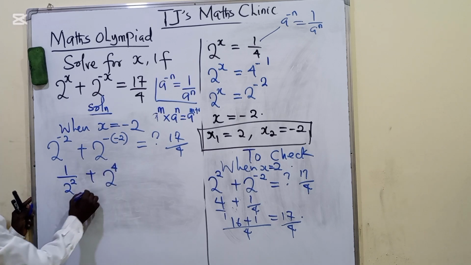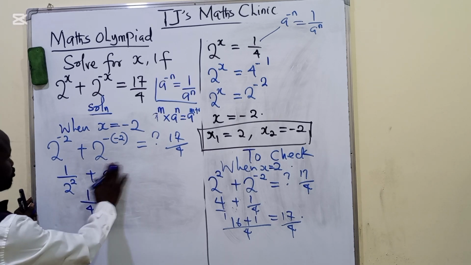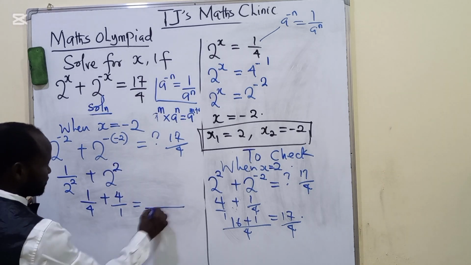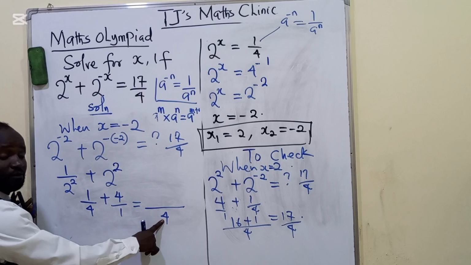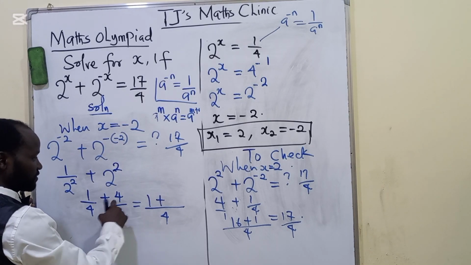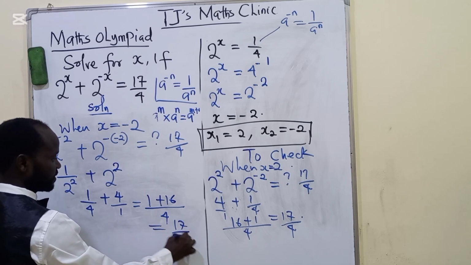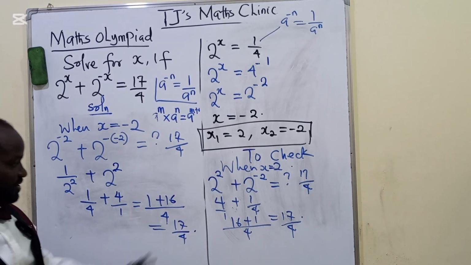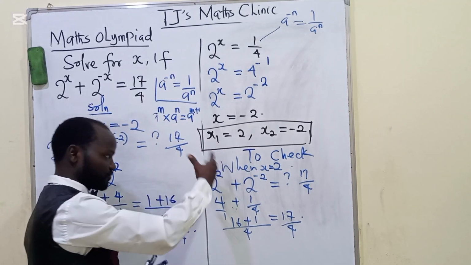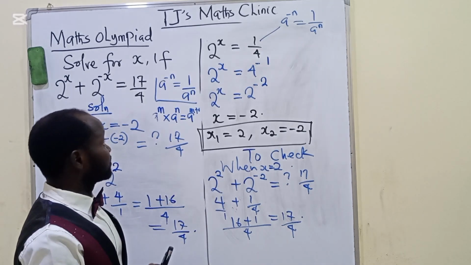This will be 1 divided by 4 plus 4. Then we can find the LCM. The LCM is 4. 1 times 1 is 1, plus 4 times 4 is 16. Of course, this will be 17 divided by 4. Clearly here, the left-hand side and the right-hand side agree, both when x is 2 and when x is minus 2. So this is the solution to this question.